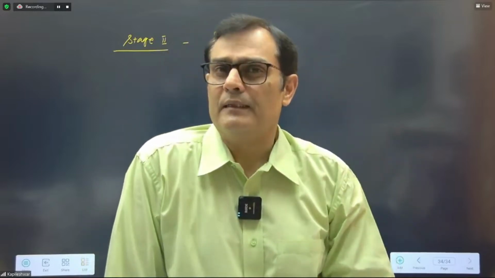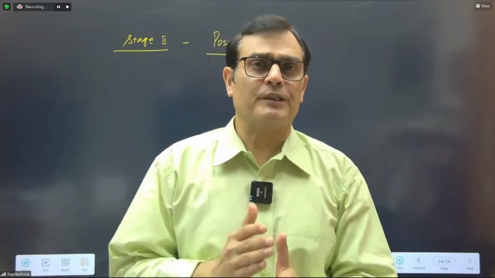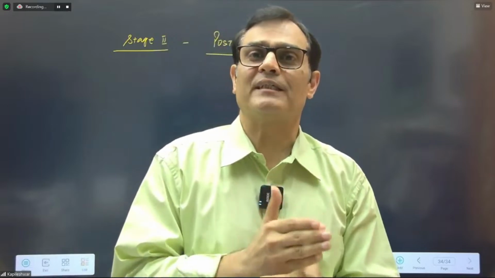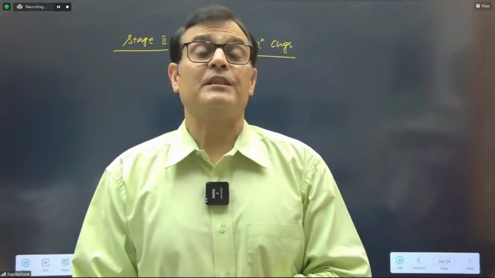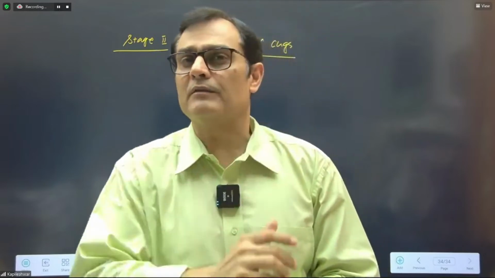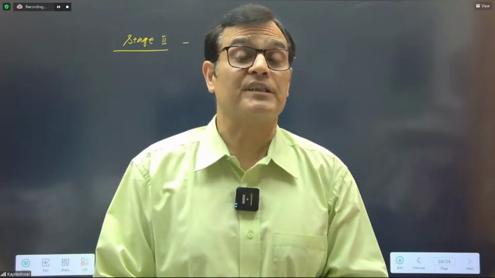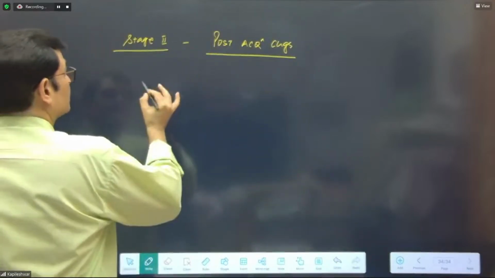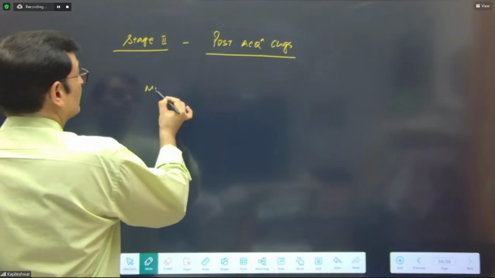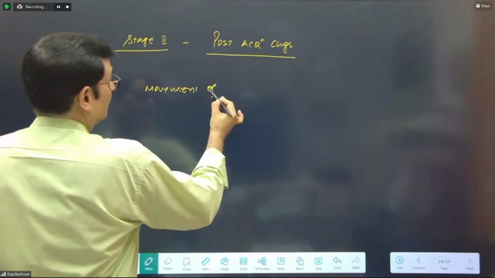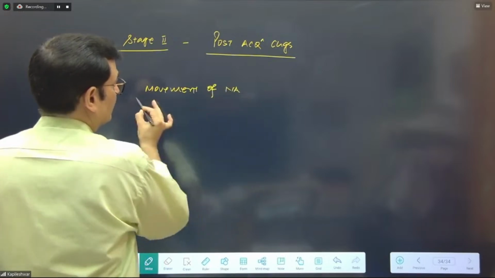So every time the net assets of the associate company move up, the investment should increase by the share in that increase. Every time the net assets of the company go down, you need to bring down the investment to the extent of the share in the decrease. Mind the words carefully. In post-acquisition changes, you need to see the movement of net assets of the associate company.